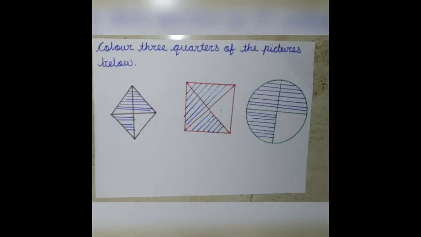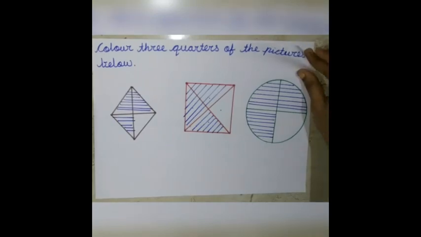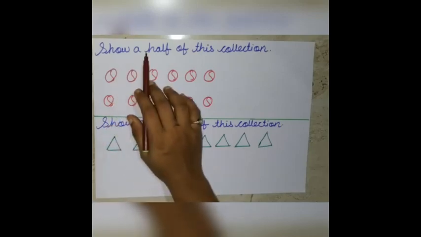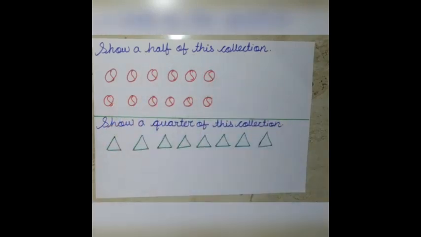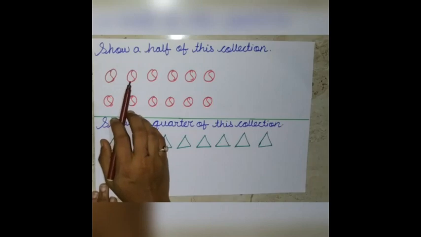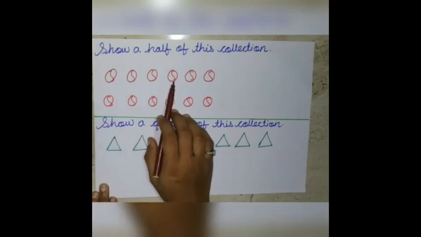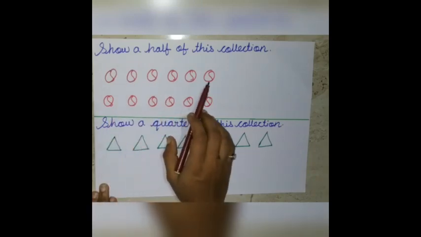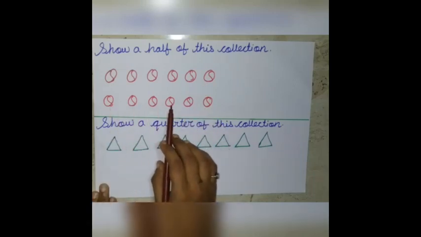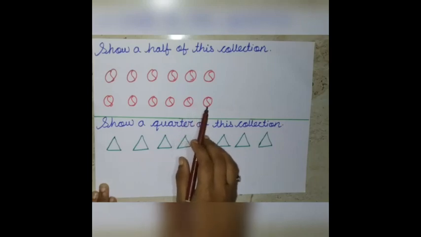We will see a few more examples. Students, read the question carefully. Show a half of this collection. First we will count balls. 1, 2, 3, 4, 5, 6, 7, 8, 9, 10, 11, 12.